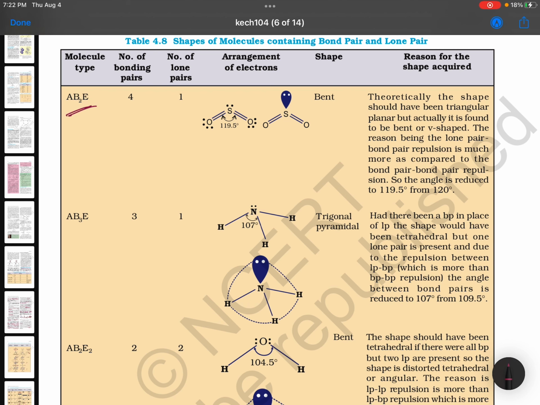In AB2E, the number of bonding pairs is 2 and lone pair 1. Theoretically, the shape could have been triangular planar, but actually it is found to be bent or V-shaped. The reason is that lone pair bond pair repulsion is much more as compared to bond pair bond pair repulsions, so the angle is reduced to 115.